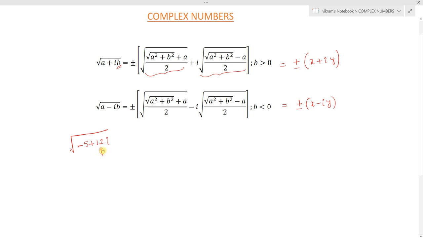Here b equals 12, which is greater than 0, that means positive, so we have to use the first formula. Then we have the square root of minus 5 plus 12i, where a equals minus 5 and b is positive, so the result is in the form of plus or minus x plus iy.